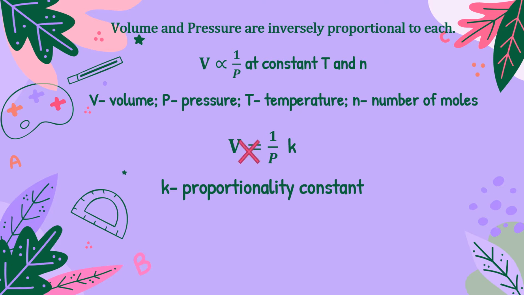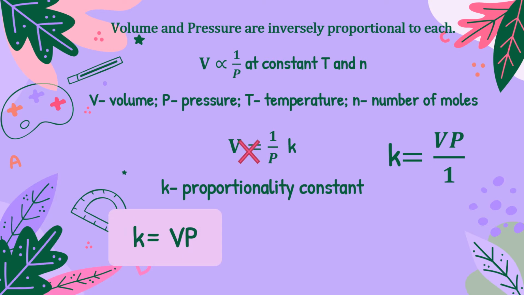Now if we cross multiply this equation, we will come up with this one, wherein the proportionality constant is always constant in the relationship of volume and pressure, and they are inversely proportional. So for Boyle's law, there is always an inversely proportional relationship between volume and pressure.